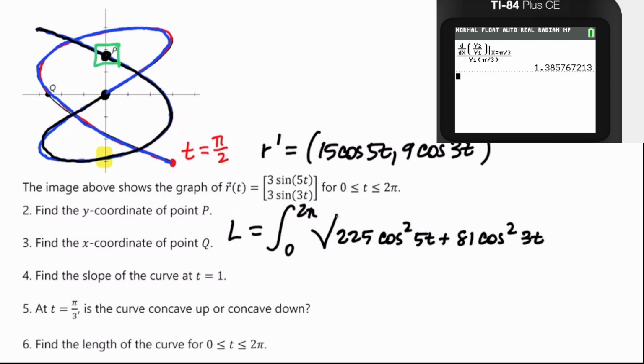Yeah, I don't know anything I can do with that algebraically. I don't have a formula for a sum of two squares, or something I can factor there, do trig identities on. So that must mean I'm going to be calling for math 9 from 0 up to 2 pi.